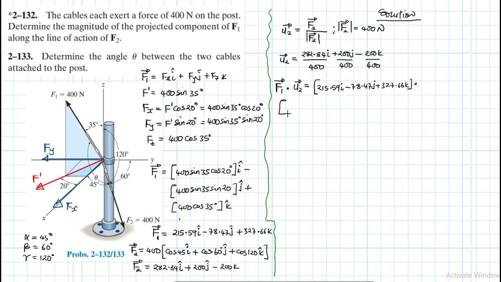I come and put another vector. We are dotting, mind you. Unit vector. What did we say our unit vector is? Our unit vector is 282.84 divided by 400 i plus 200 divided by 400 j, and 200 divided by 400 k. If you want, you can simplify this further.